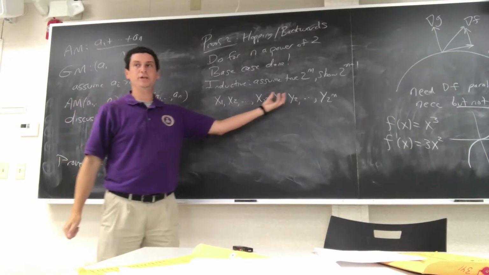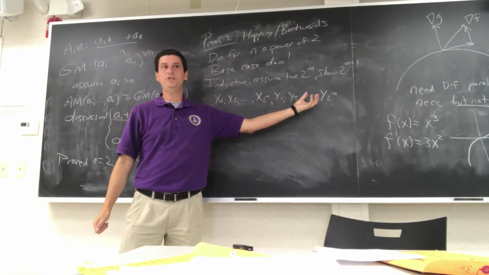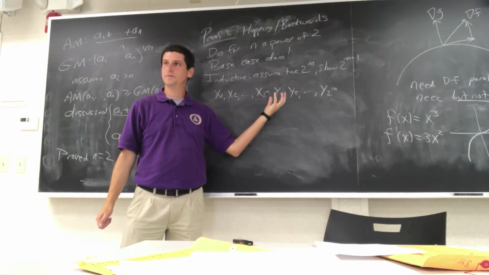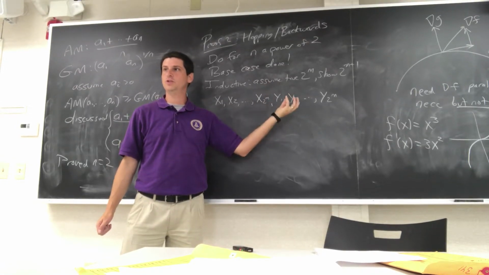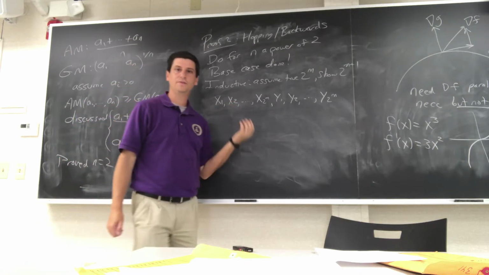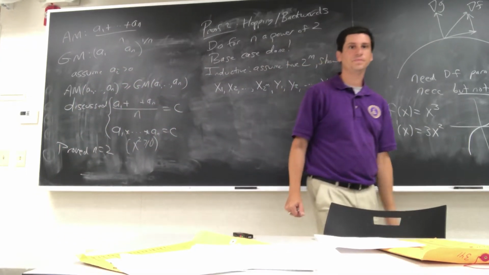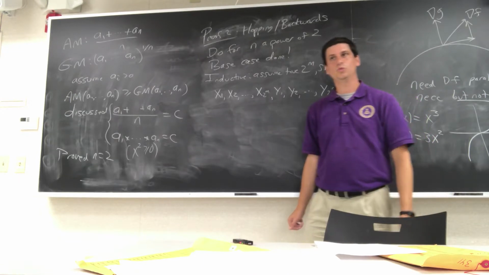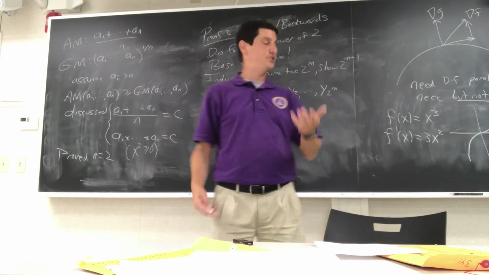So this is going to be 2 to the m plus 1 numbers. We need to show that the arithmetic mean of this is greater than or equal to the geometric mean. But by induction, what do we know? So what must be true? It's true of each of the halves.